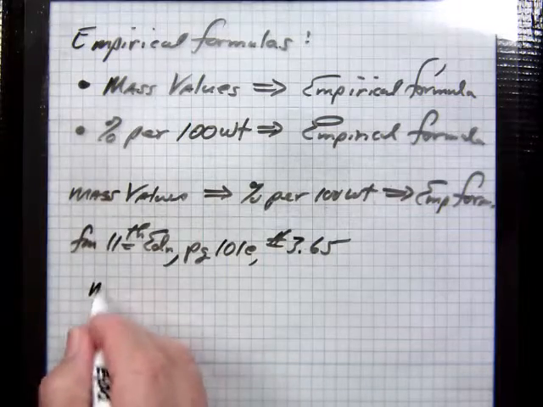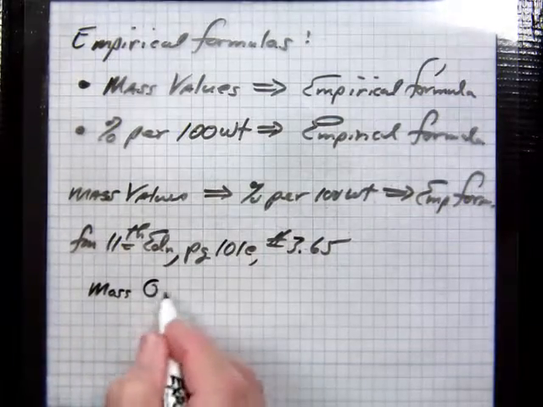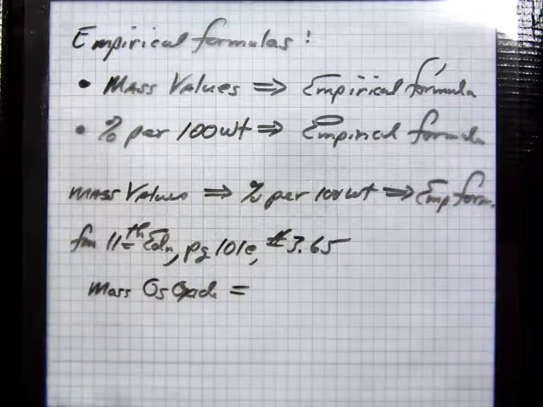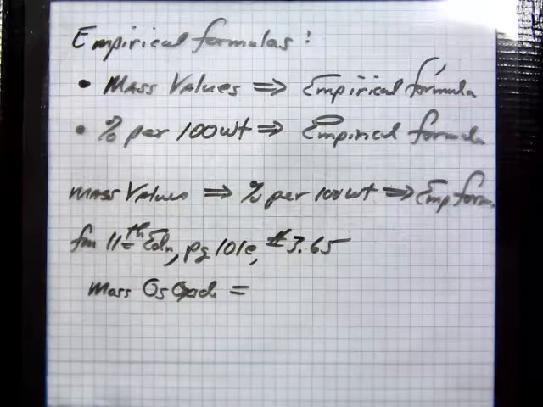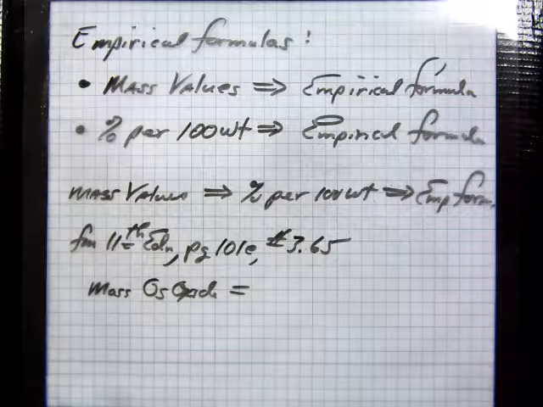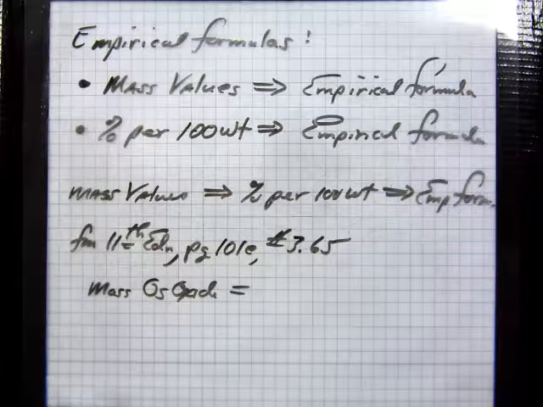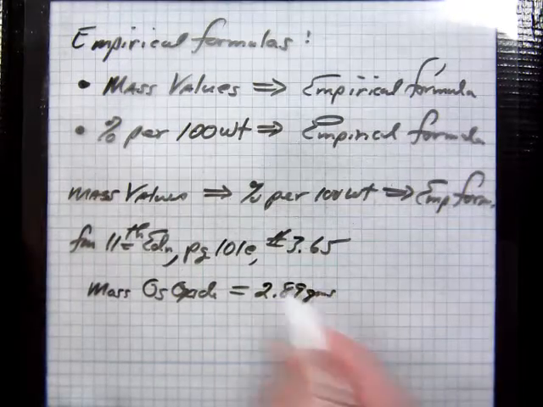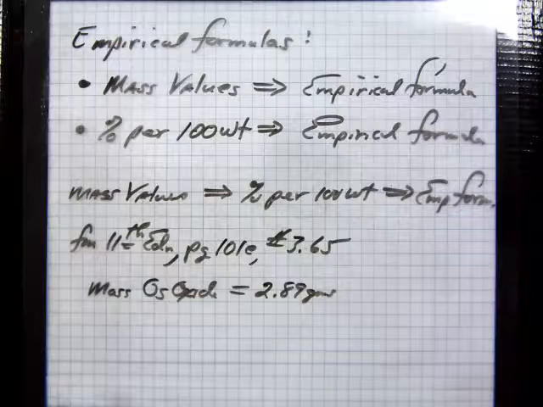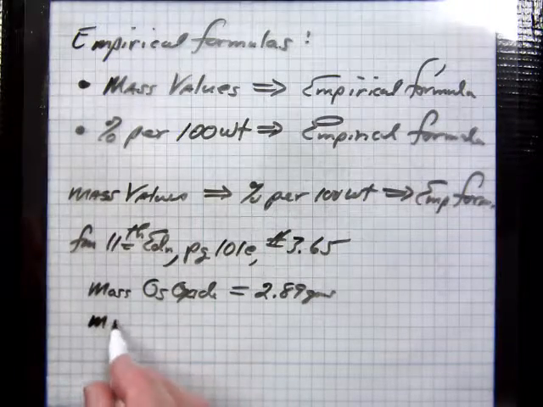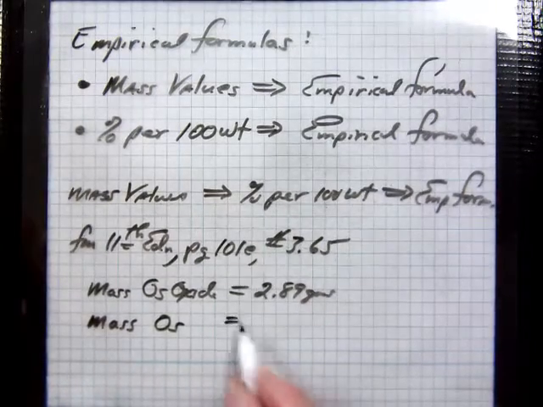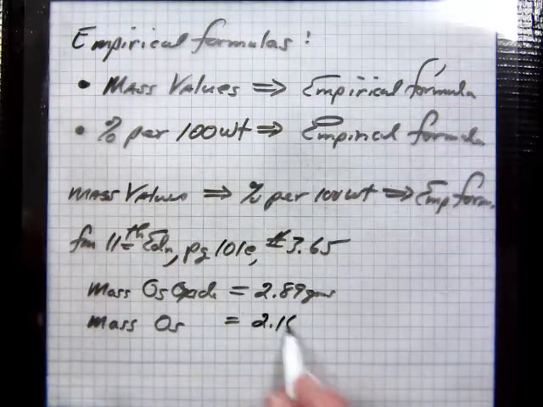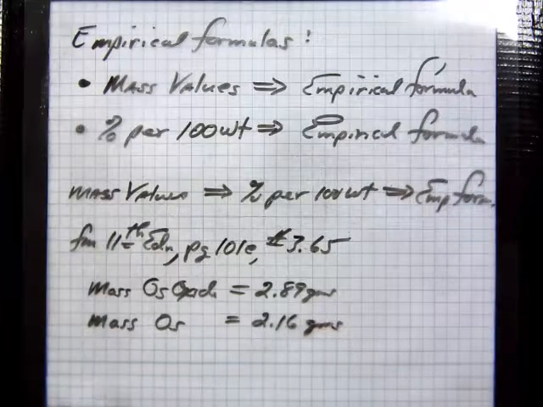Okay, so we have mass of osmium oxide is given to be 2.89 grams. And mass of osmium is equal to 2.16 grams. Okay, how much oxygen?